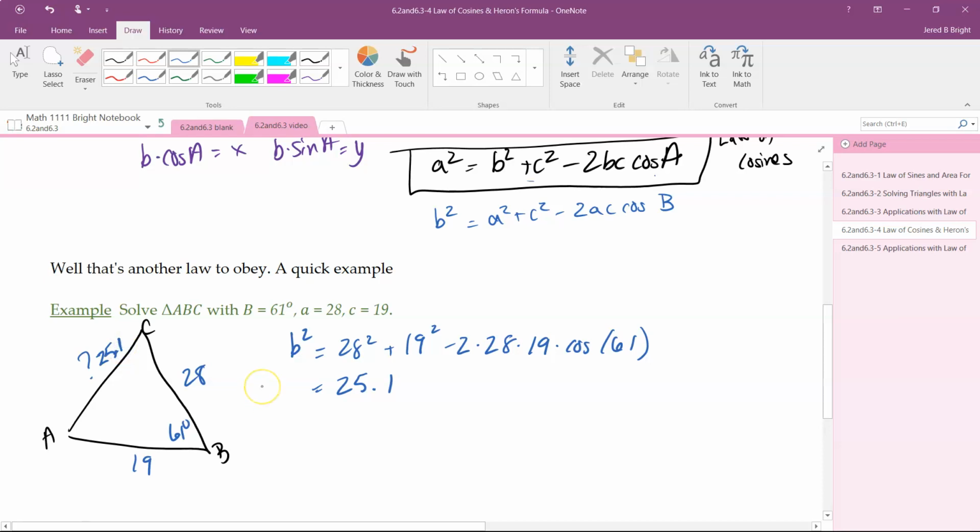And okay, so then now at this point I know all the sides, and I can use whatever mechanism I want. I could use law of sines if I wanted to.